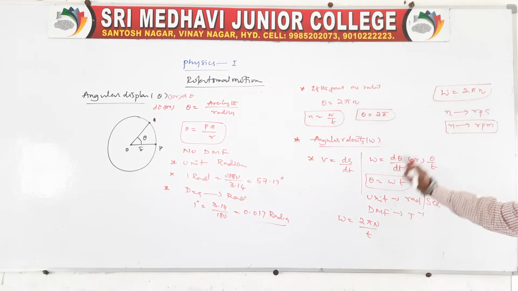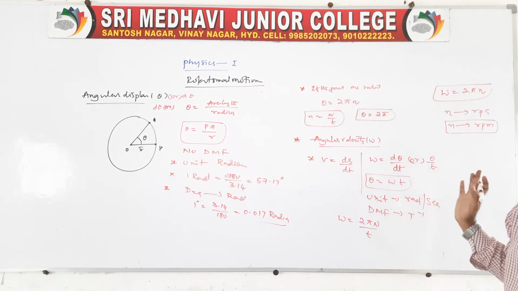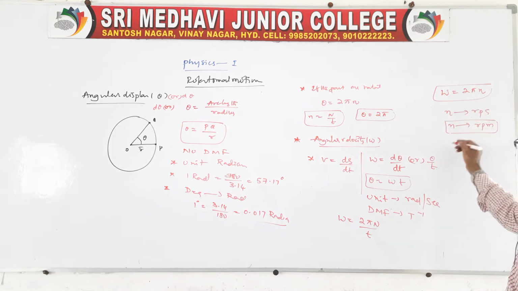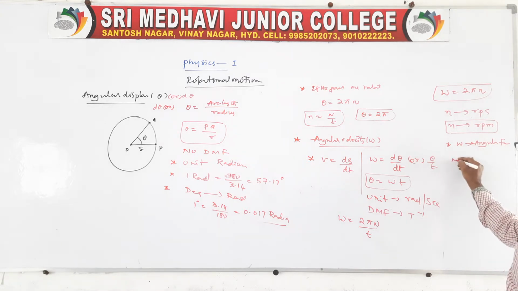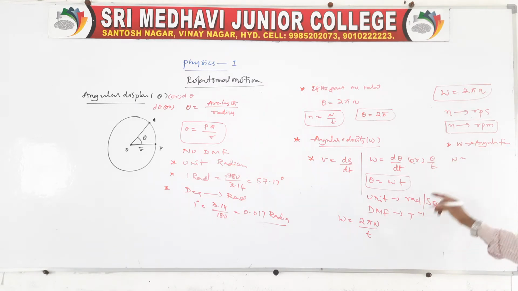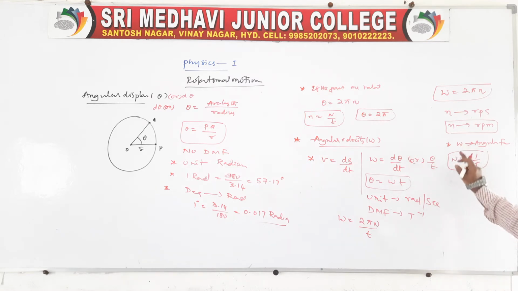We can also call angular velocity angular frequency, because according to the dimensional formula omega is 1 by t, as theta has no units. And 1 by time period is frequency, so this is the angular frequency.